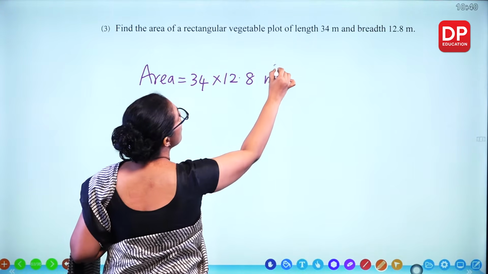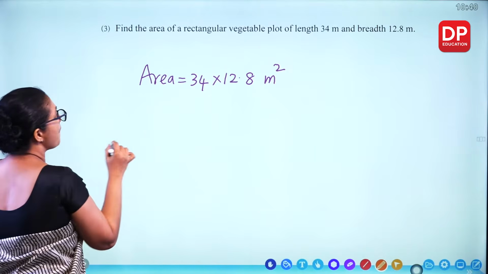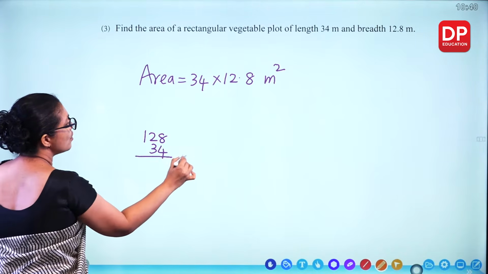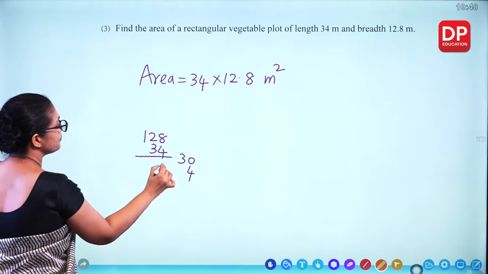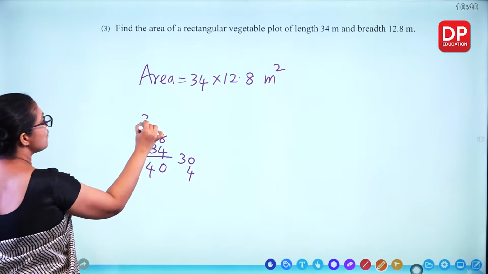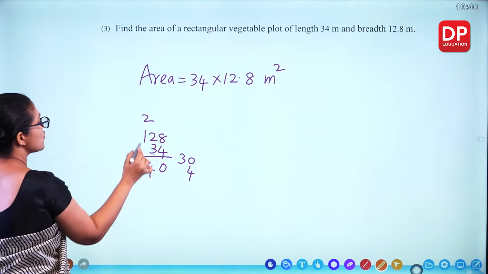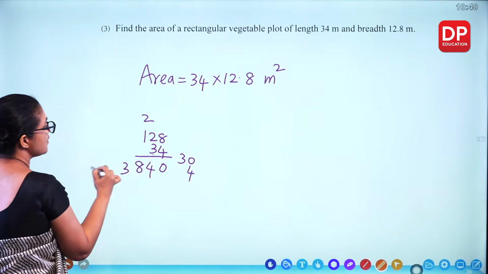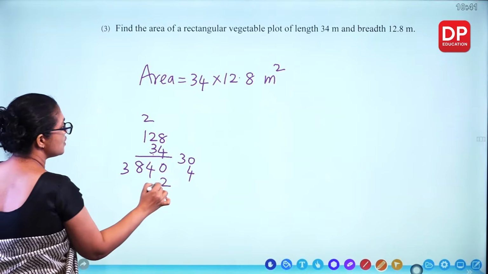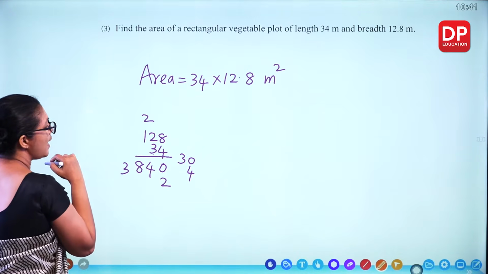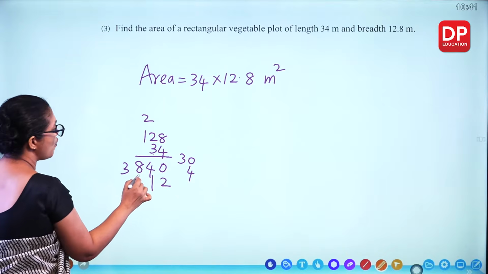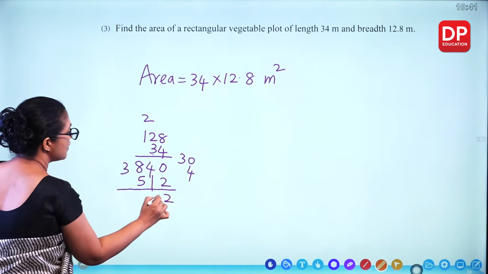So this is in square meters. 128 multiplied by 34, 30 and 4. 4, 3 times 2, 6 plus 2, 8. 3 times 1, 3. 4 times 8, 32. 4 times 2, 8 plus 3, 11. 4 times 1, 4 plus 1, 5.